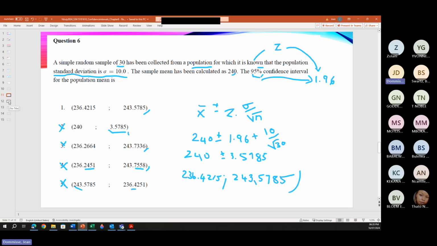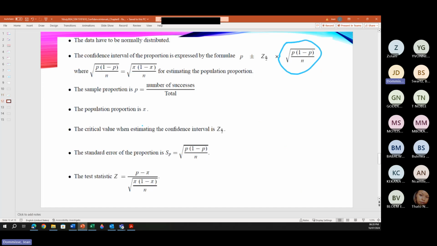So then the last component of study unit 8 is the proportion component. So once again, we've done the estimation of a mean when the population standard deviation is known, which is a Z. We've done where it's unknown, which is a T. And then when we go to proportion, it is always a Z. Okay, so proportion can be a small sample.